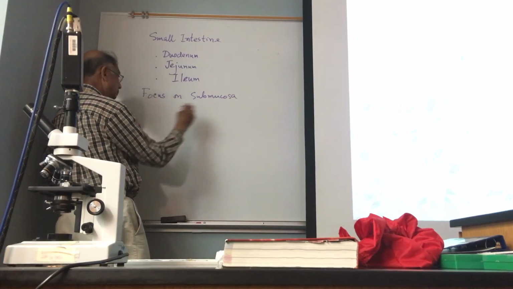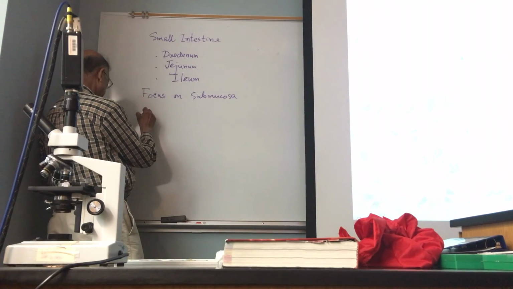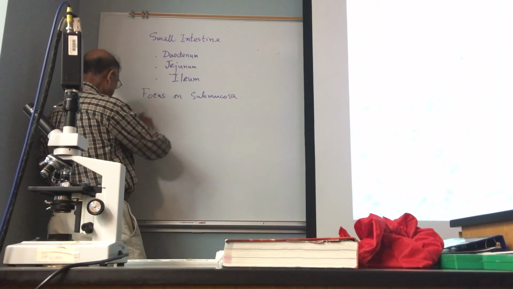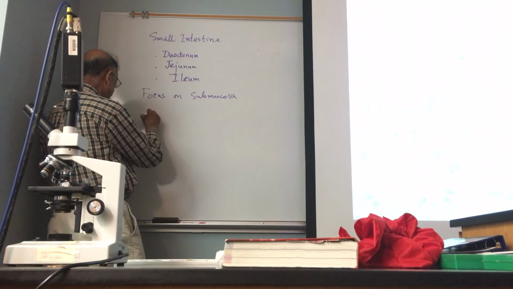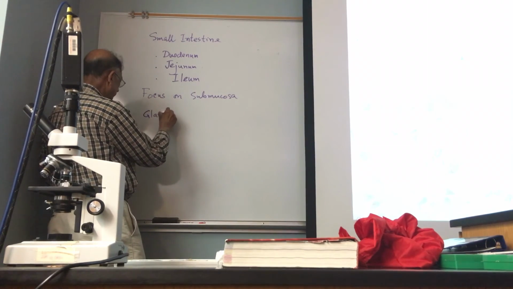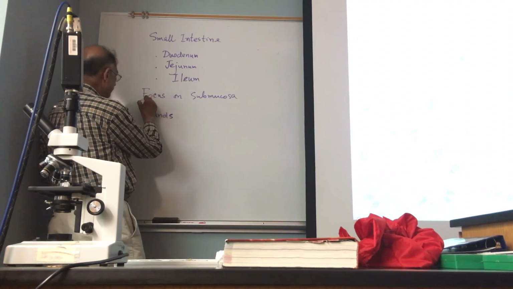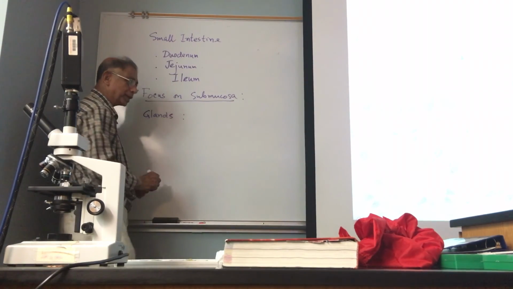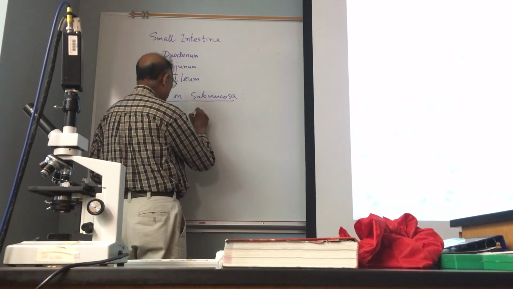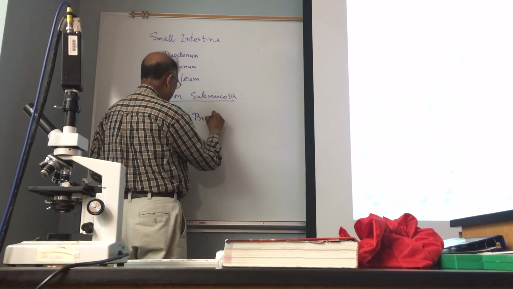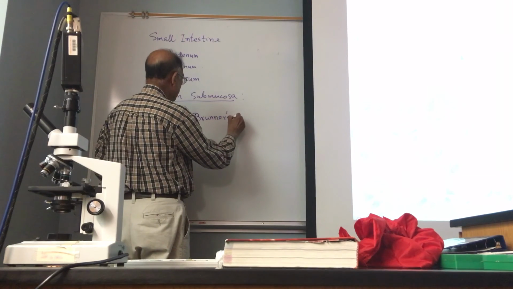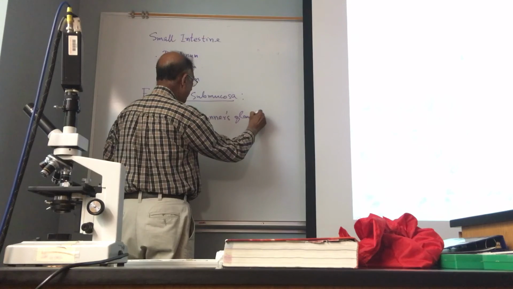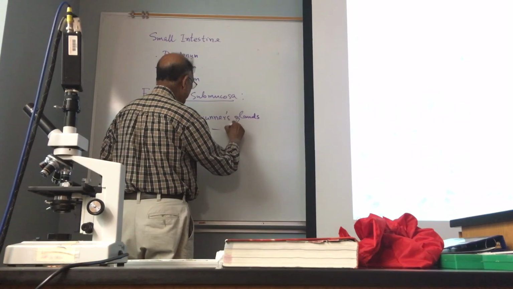If you see glands in the submucosa, these glands are called Brunner's glands, and definitely it is duodenum.